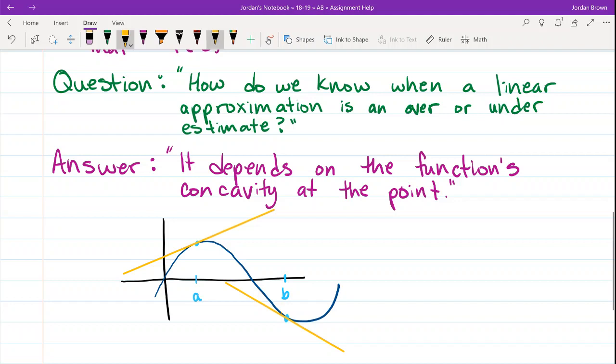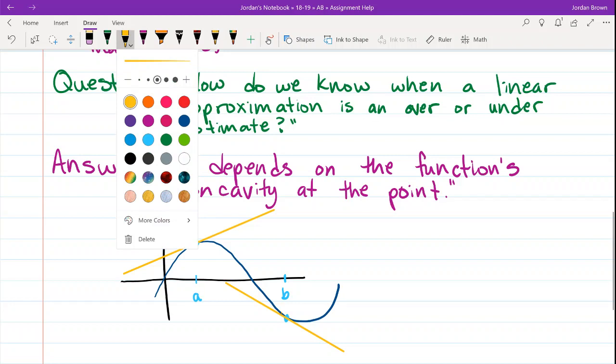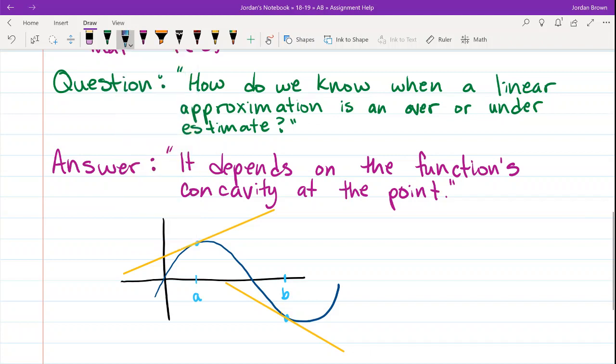Ignoring that, if we use the yellow lines to approximate a point, and the point is somewhere over here, that point is over the curve. Do you agree? And if the point were to be somewhere over here, it's still above the curve. You still agree, right?